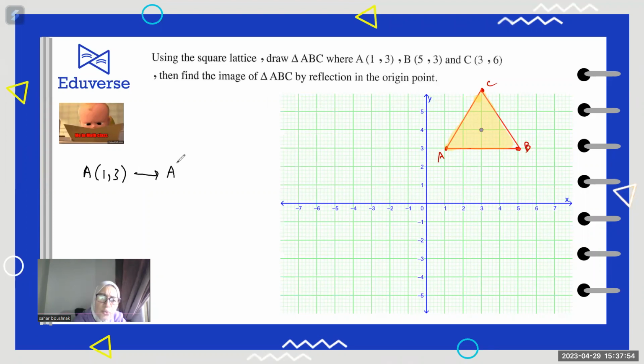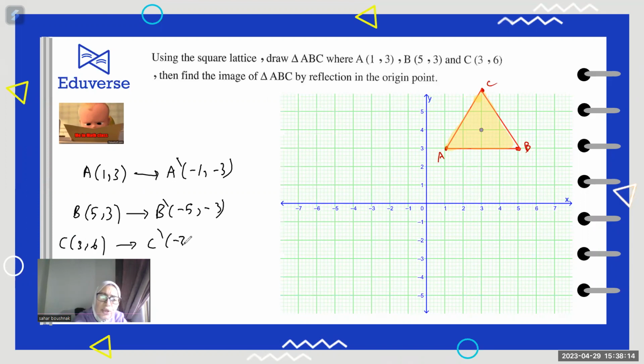Then A dash will be (-1, -3). B is (5, 3). Then B dash will be (-5, -3). C is (3, 6). Then C dash is (-3, -6).